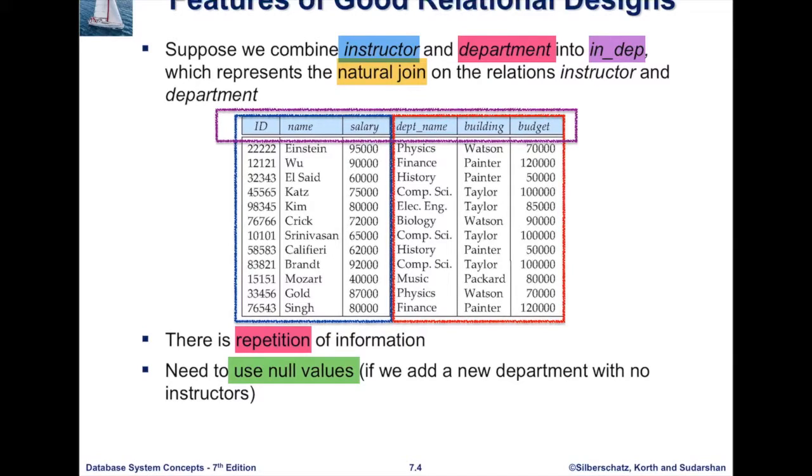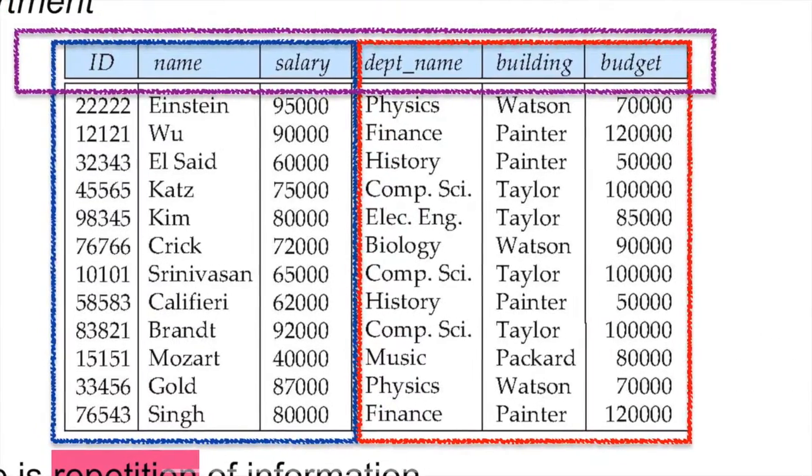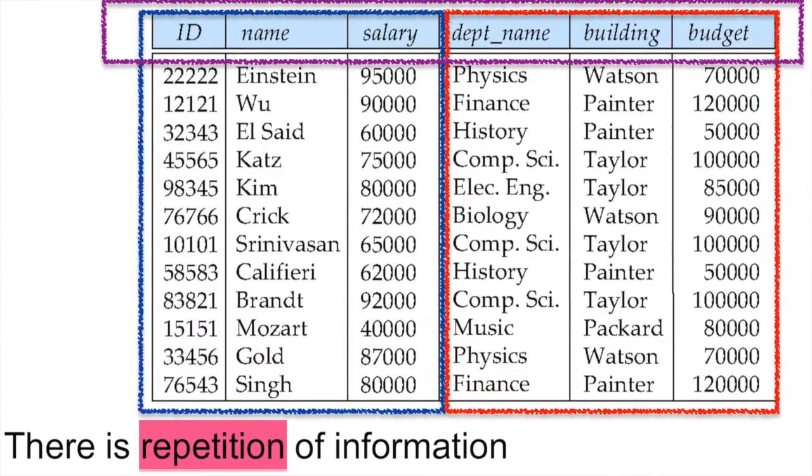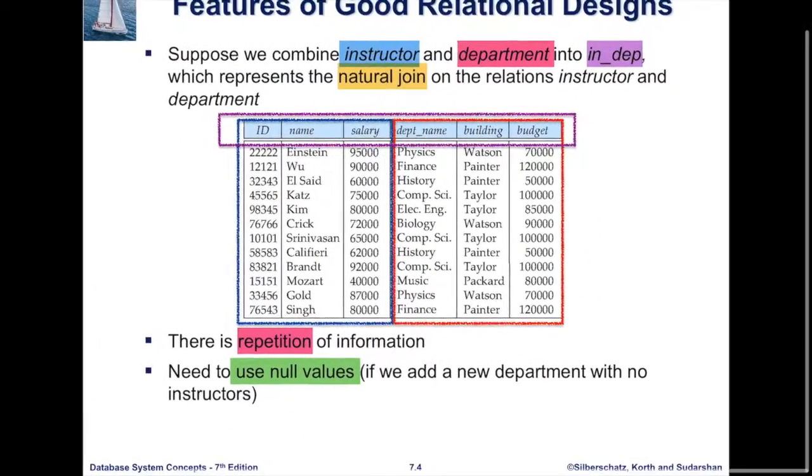To include that specific record in the department, we can insert one record in this table with null contents dun sa ID, name, and salary.